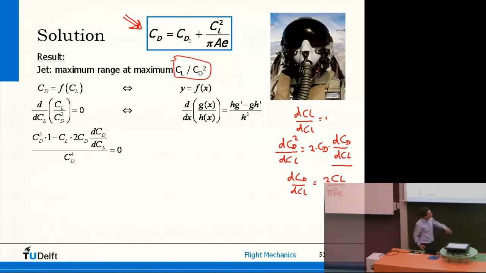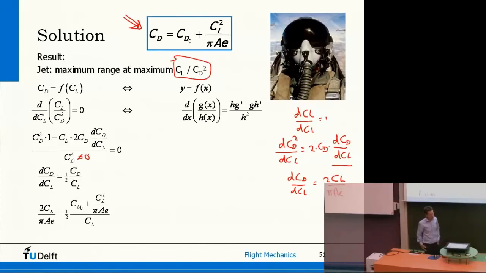Now then I can take those equations on the right-hand side, fill them in, and this is what I end up with. Now, all you have to note at this point is that this final equation here only contains one variable, which is CL, because the rest of the terms, they're all constants. So this can be solved, basically.